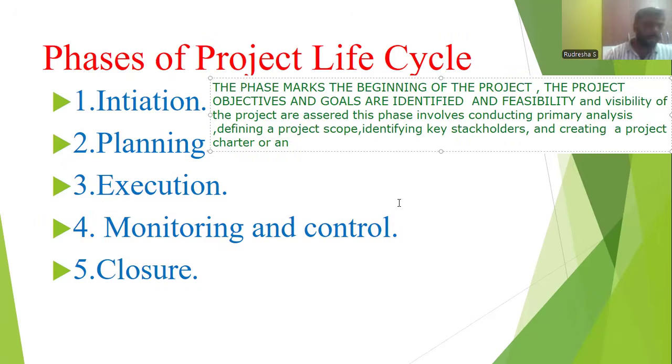See here, planning. What is meant by planning?